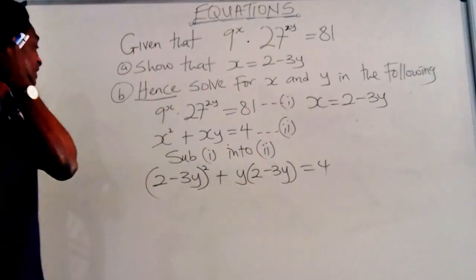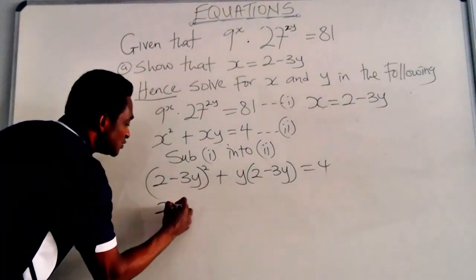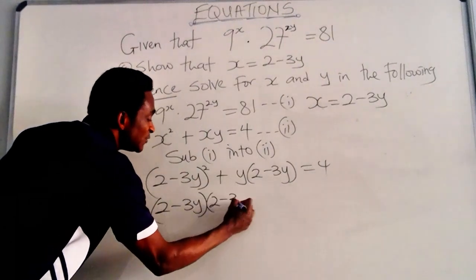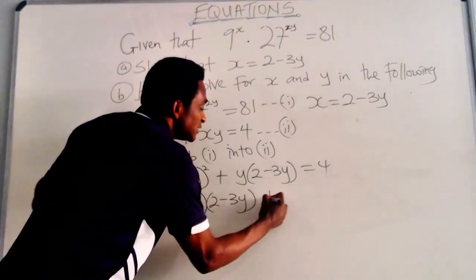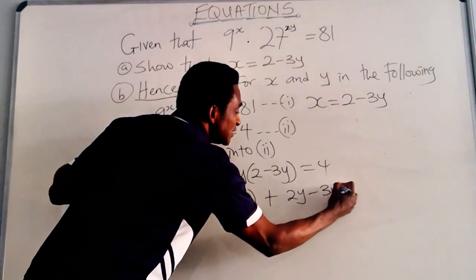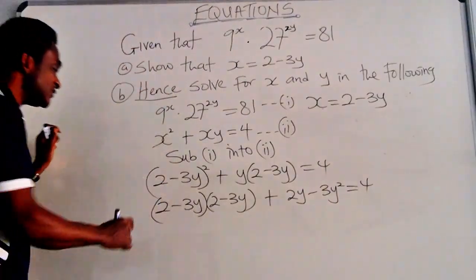We now simplify this and solve. Remember this is (2 minus 3y) in two places, (2 minus 3y) times (2 minus 3y), plus here we have 2y minus 3y squared equals 4. So let's simplify this fully.